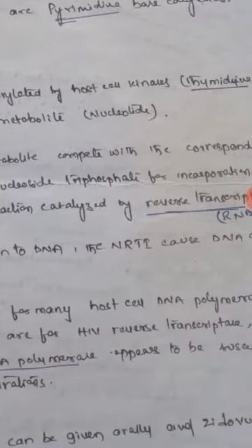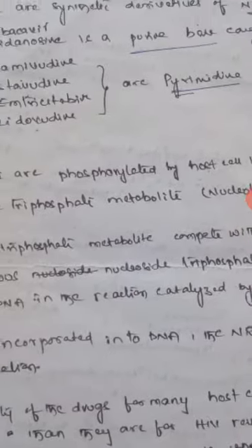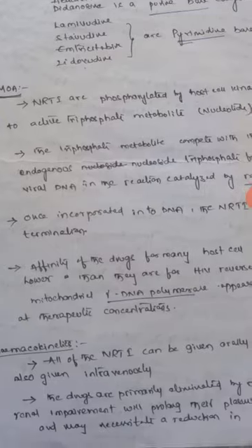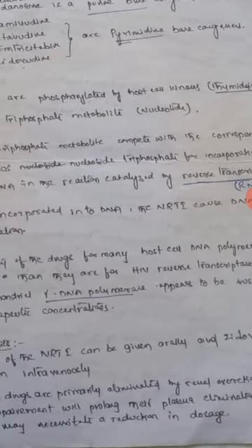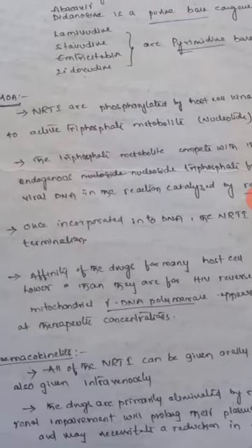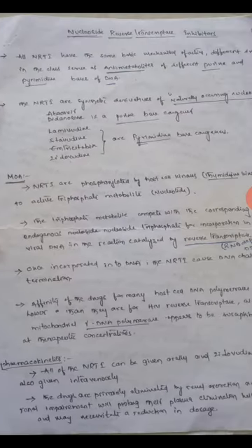It competes with the corresponding endogenous nucleosides for the active site present on the reverse transcriptase, so that either it inhibits the reverse transcriptase or it is incorporated into the viral DNA. Later on the viral DNA is going to be non-functional. So this is the mechanism of action of all nucleoside reverse transcriptase enzyme inhibitors.